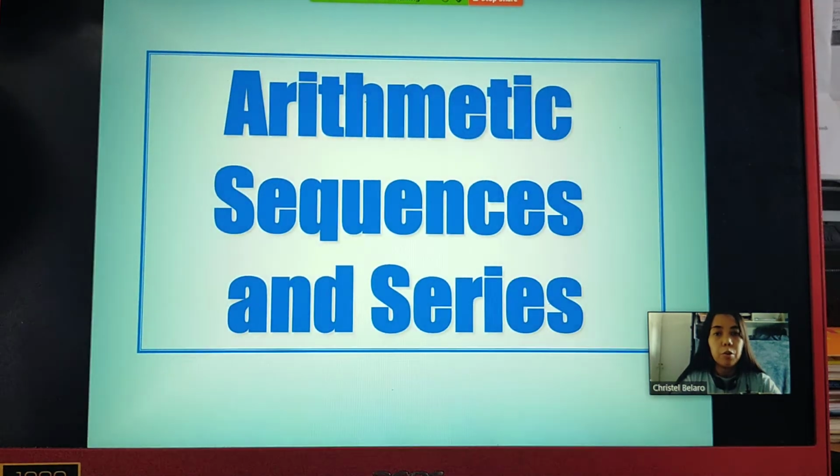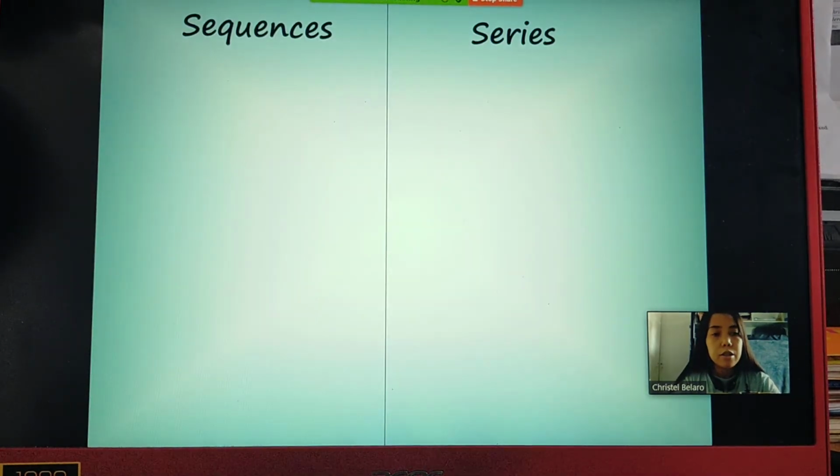By the way, arithmetic sequence is a special sequence. How are we going to identify if the given sequence is an arithmetic? Let's differentiate first what are sequences and series. What have you noticed with the examples in our previous examples?